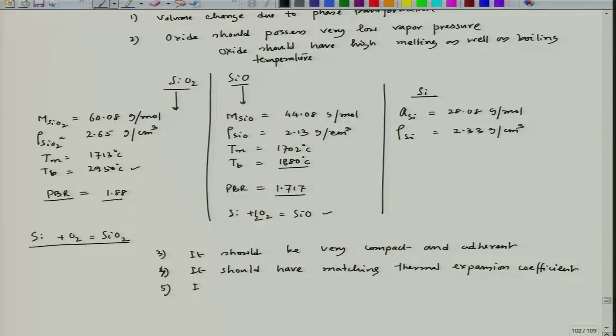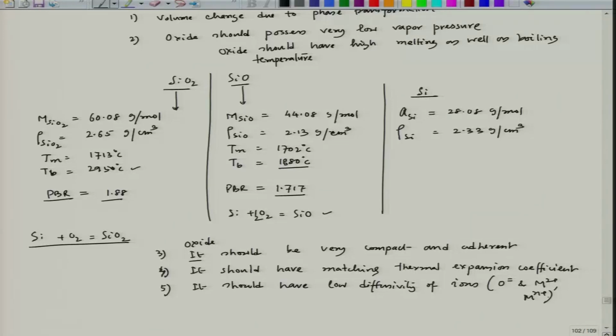Then it means the oxide should have a low diffusivity of ions, and here I am considering O2 minus and metal N plus.